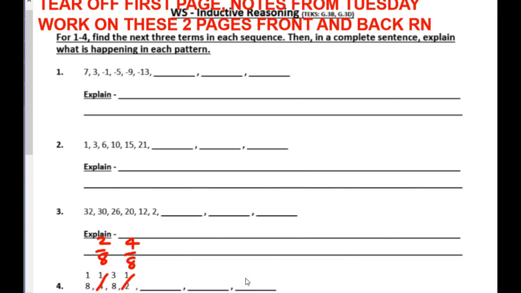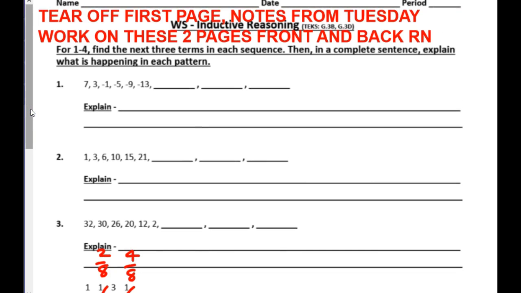The second 2 pages are going to be the assignment, okay? So the assignment is 2 pages that are stapled after the notes, and it says WS for worksheet, inductive reasoning. Okay?